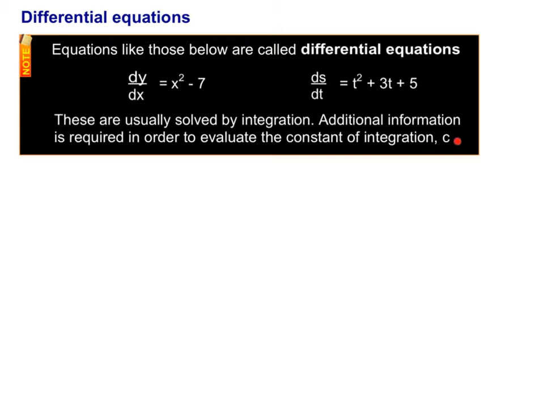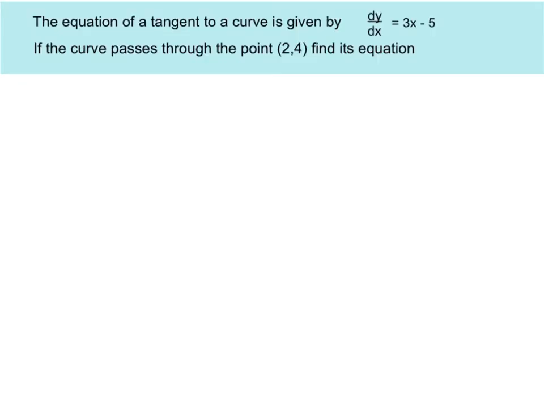The constant of integration, we will see a little bit more about what we mean about evaluating that in the examples I'm going to do. Here's our first one. The equation of a tangent to a curve is given by dy by dx equals 3x minus 5. If the curve passes through the point (2, 4), find its equation.